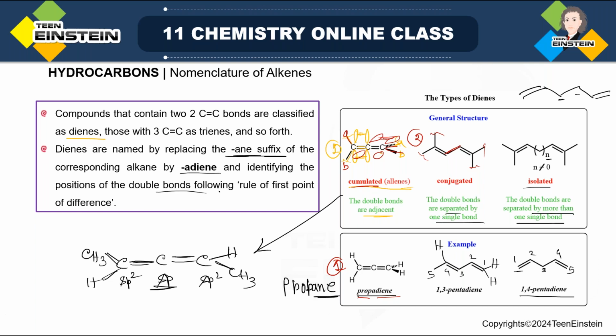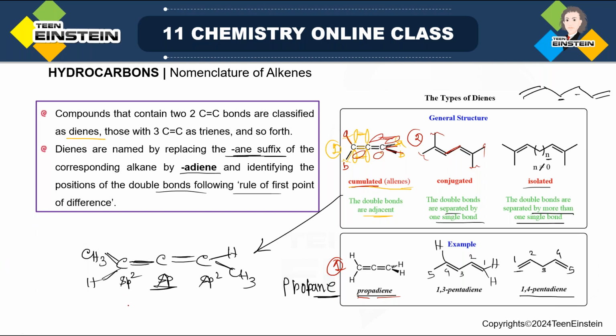And identifying the position of double bonds follows the rule of first point of difference that we have discussed in detail in a previous unit, so we are not going into that. We'll just see some nomenclature examples applying the rules that we have already learned before.